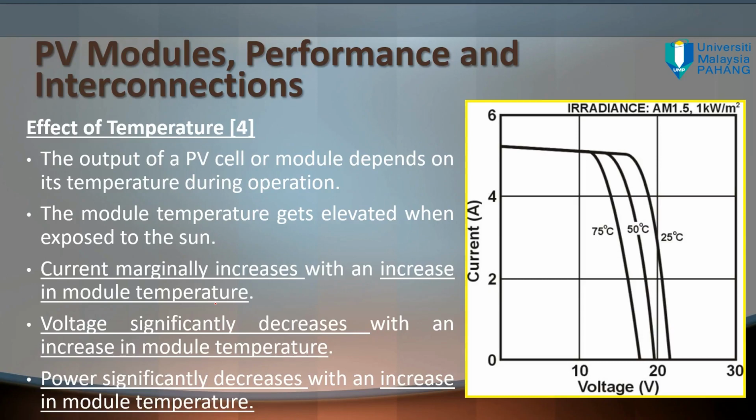But when we touch a surface, for example, the body of the car, the glass of the windows, or any metals, gates, the stainless steel gate, you can feel it's much hotter than the ambient temperature itself. So the same concept applies for the module also.